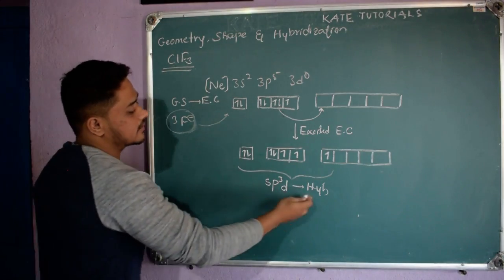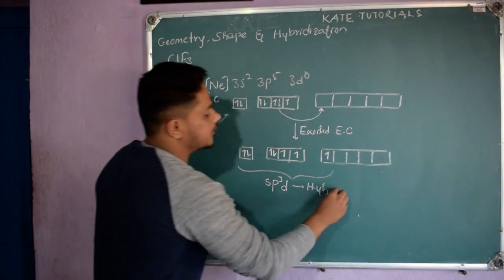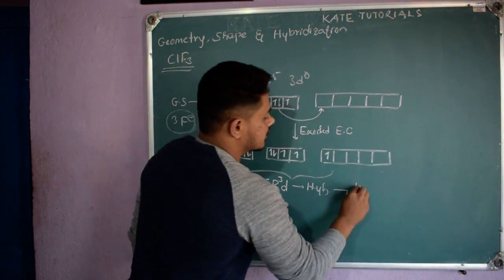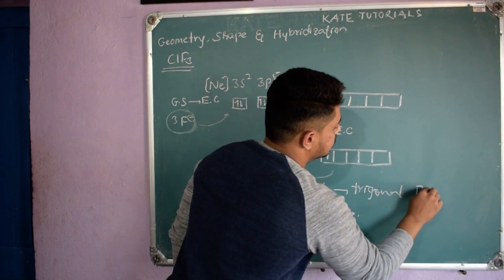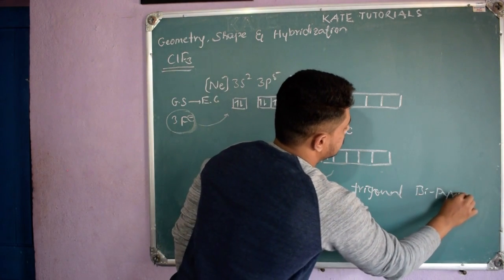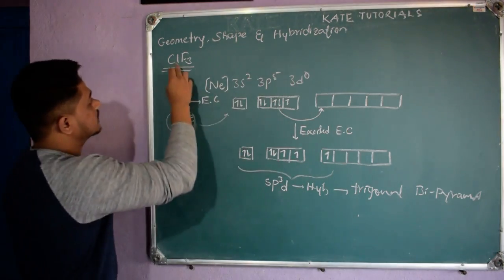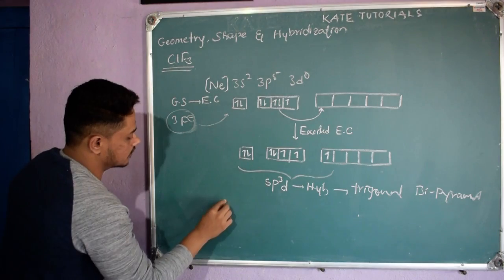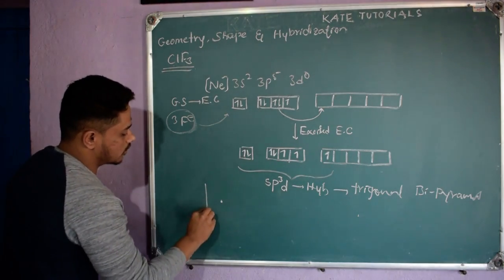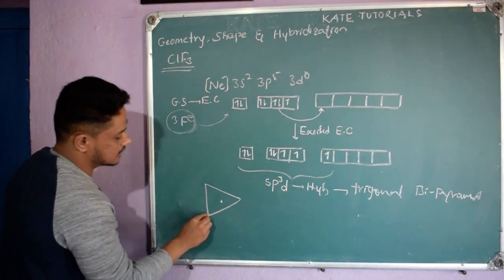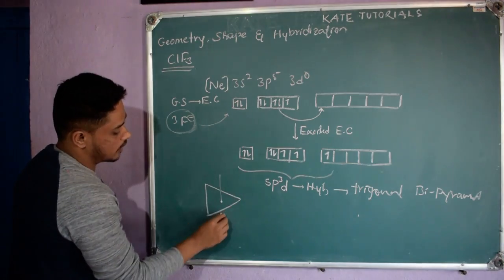So they came up with sp3d hybridization, and I told you the geometry of sp3d will be trigonal bipyramidal. The structure will be like this: here I have chlorine at the center. Trigonal means a triangle like this, bipyramidal means one bond will be above and one bond will be below.